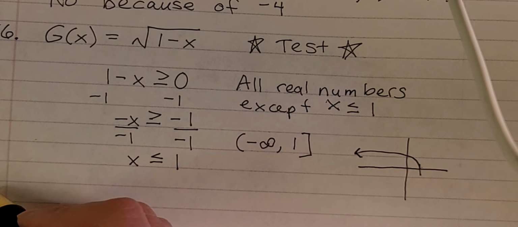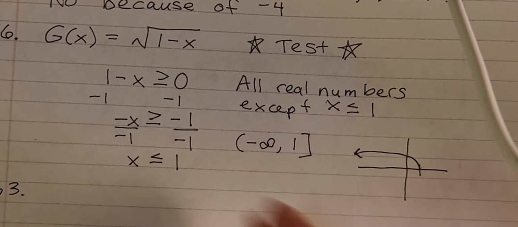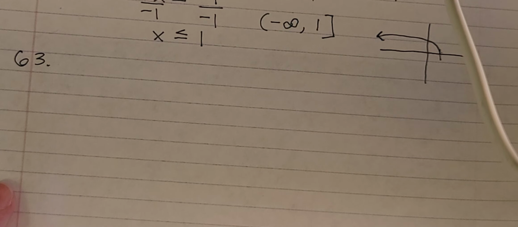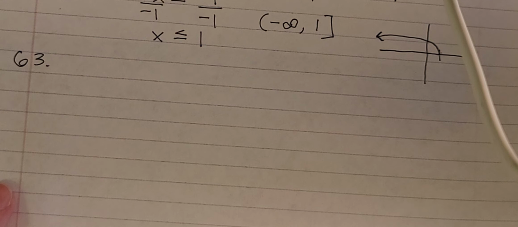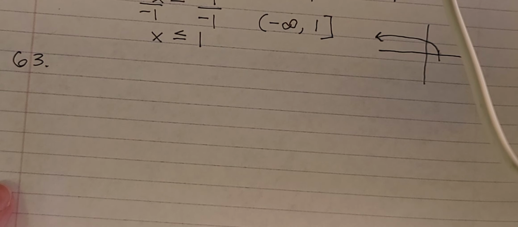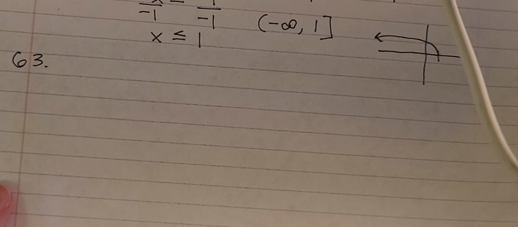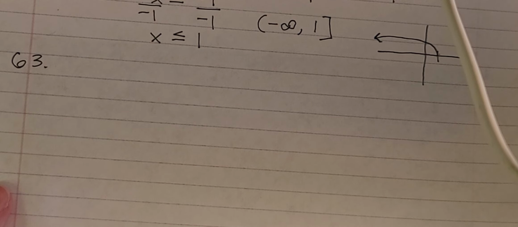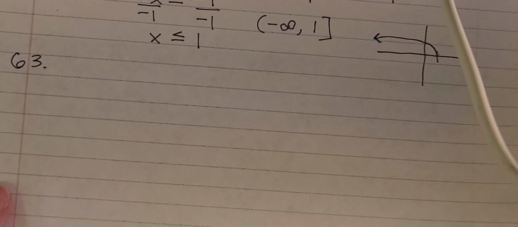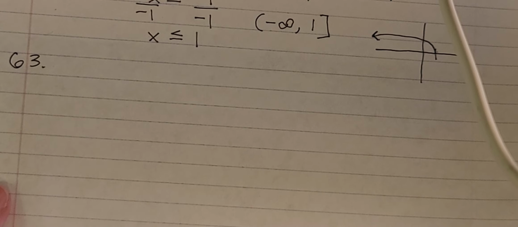Okay, 63 is the next one we're going to work on. Okay, 63. For the given functions f and g, find the following, and then it has parts a through h. I'm not going to do all of those parts.